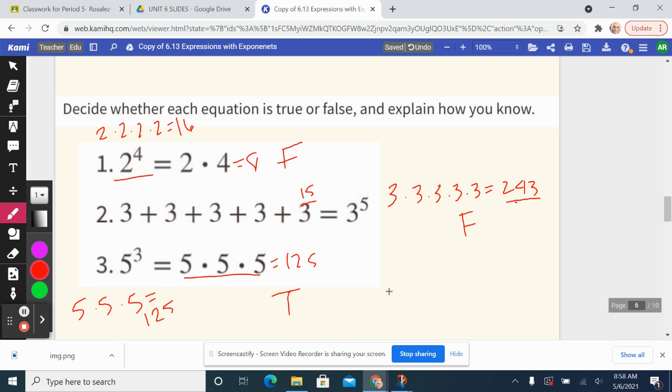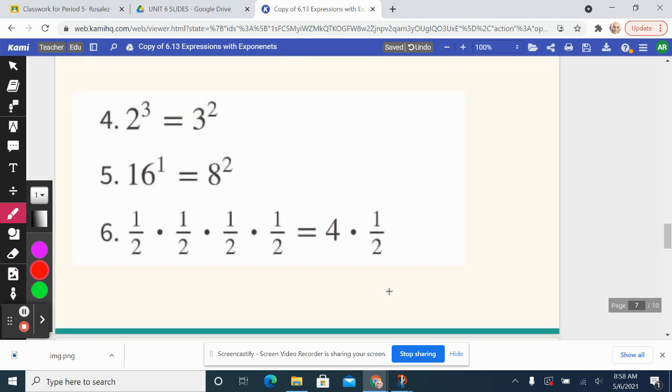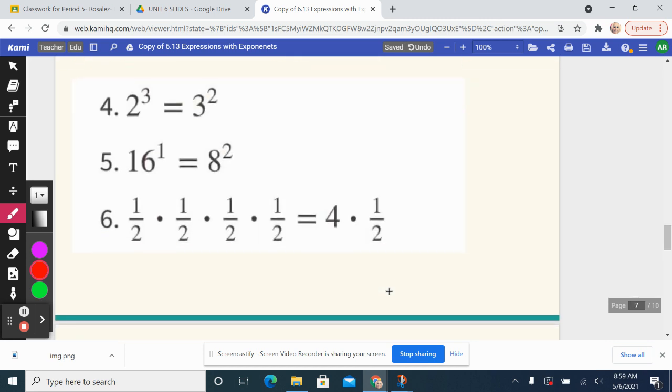Okay, so I'm going to scroll down, and then we're going to do number 4. Number 4 says 2 to the 3rd is the same as doing 2 times 2 times 2. And that answer is 8. Well, 3 squared, or 3 to the 2, is the same as 3 times 3, and that's 9. So is 8 the same as 9?